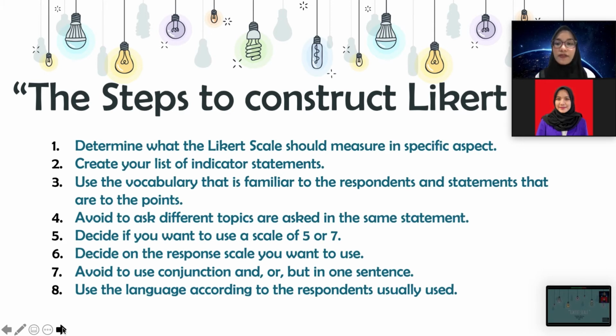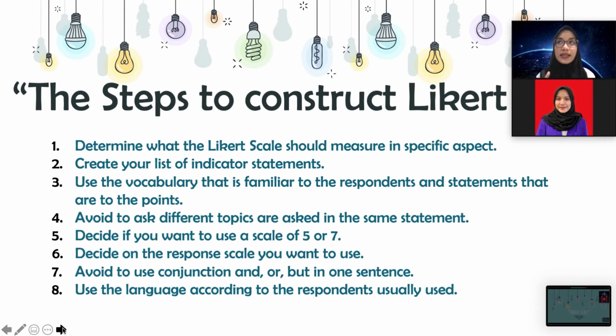And use vocabulary that is familiar to the respondent, because maybe the respondent doesn't know the unfamiliar vocabulary. Because of that, the respondent can answer the best based on their perceptions.